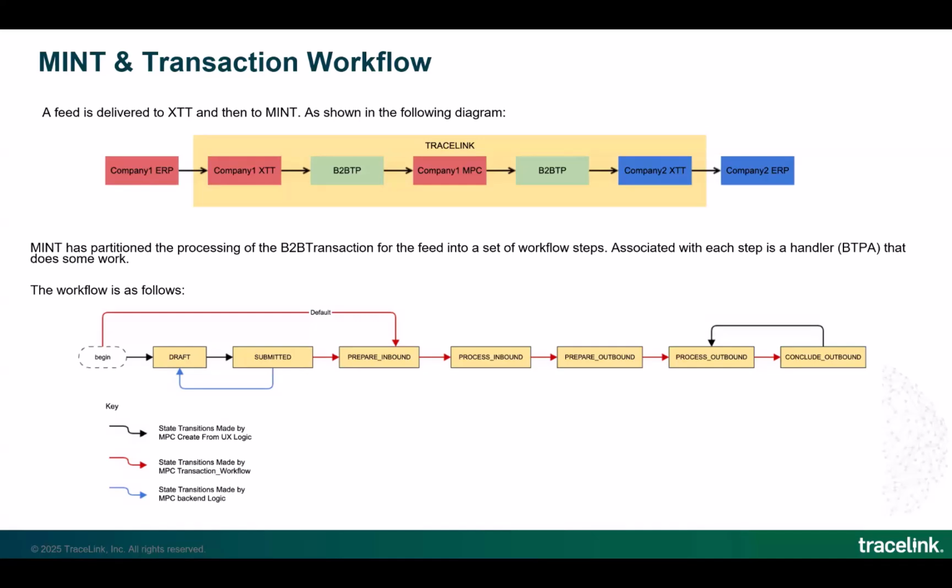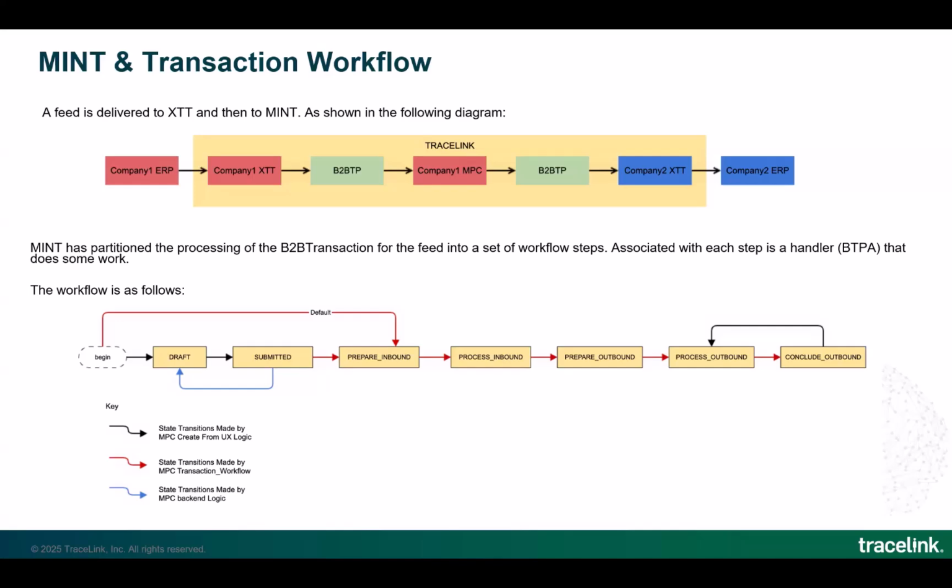Now, the first two stages that you see after begin, draft and submitted, these two workflow states are only applicable when a user creates a transaction from the Mint user interface. So if you go to the Mint user interface, navigate to PO, fill in all the information there and click on submit, that's the purchase order that has been created in draft mode, right?